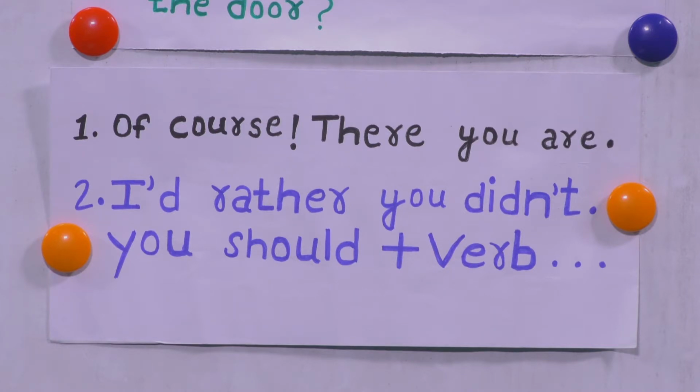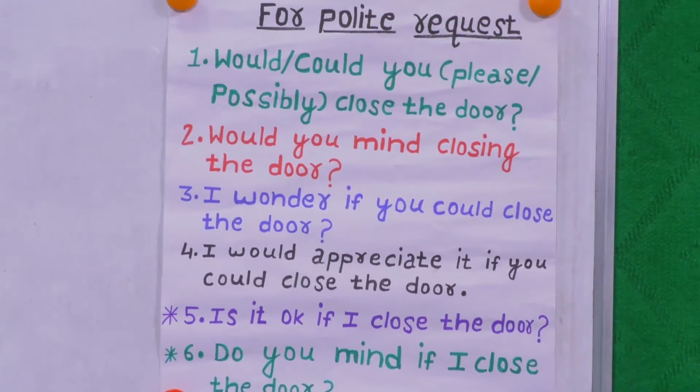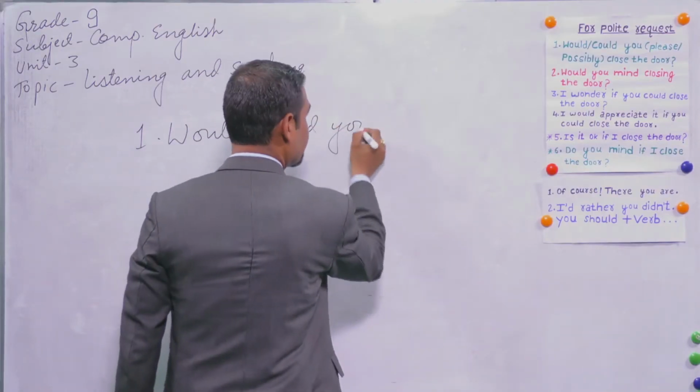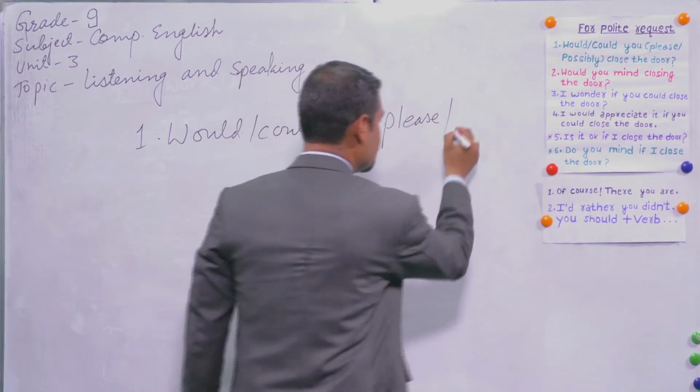Now can you tell me some more sentences based on this one? So I just like to write on the board. Think and tell me. Please tell me a sentence based on this structure. So yes, you can say would, or could you please, or you can write possibly.